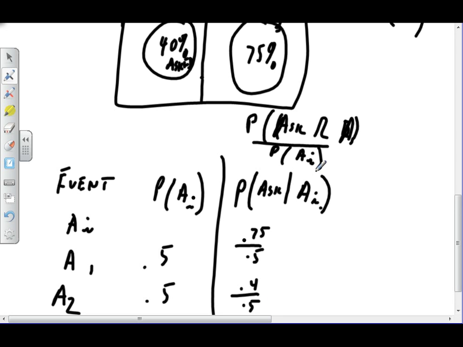The intersection of being asked and being successful. So I get a number greater than 1, that's why I can't do that. So now I have to ask myself, why am I getting a number greater than 1? 0.4 divided by 0.5, 0.8.